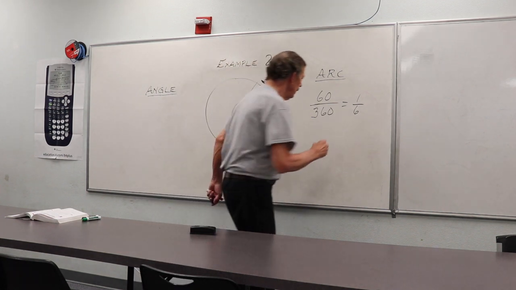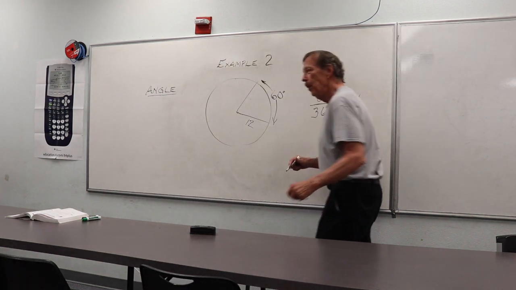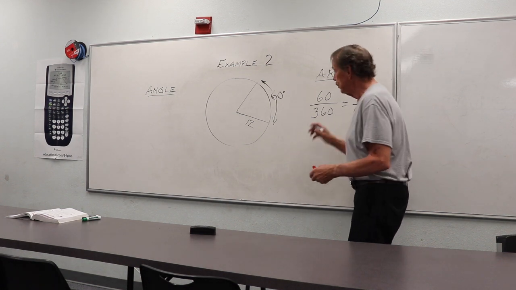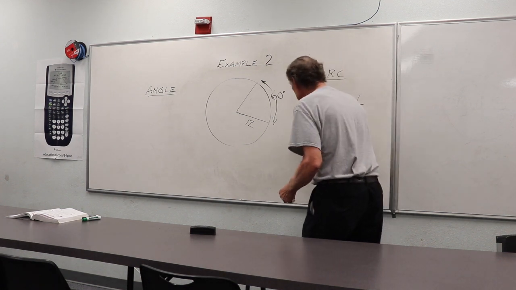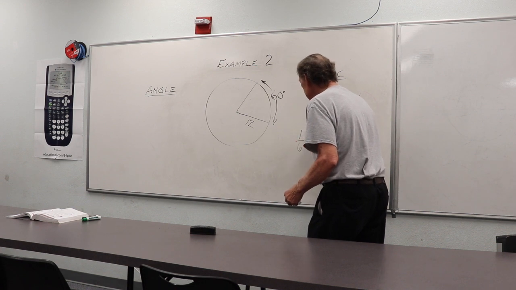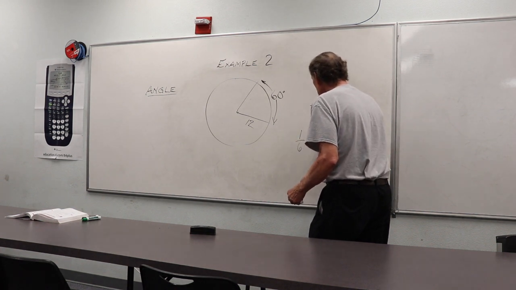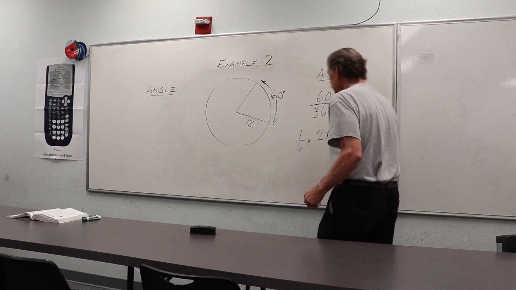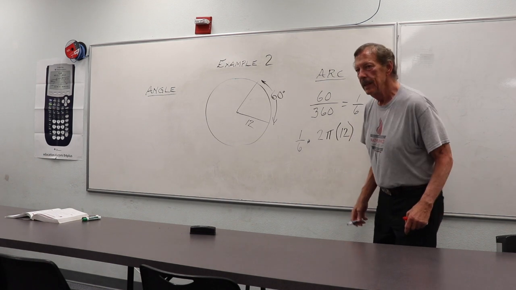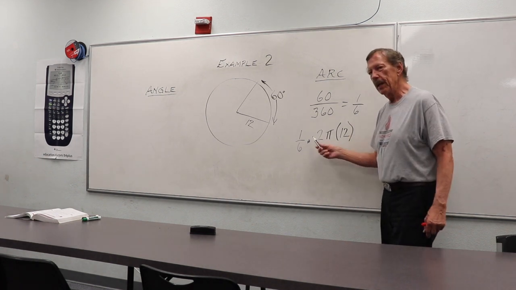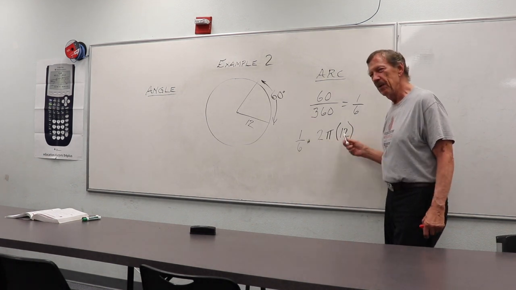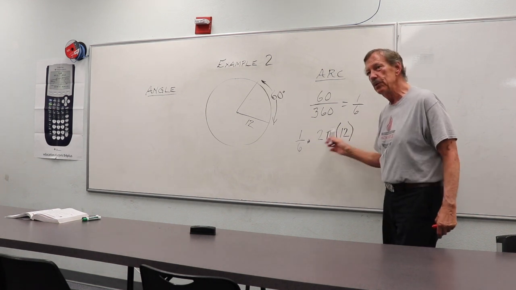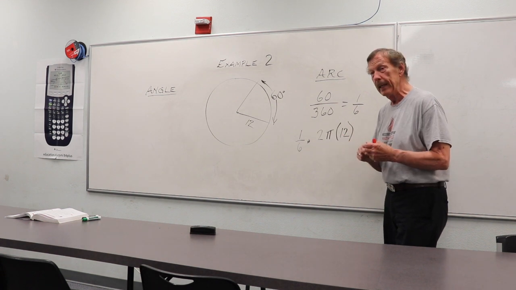Now, what we want is 1/6 of 2 pi times the radius. And this points out why I want for you to just write numbers out like this before you multiply them, to see if you can do some reducing. And here, guess what?